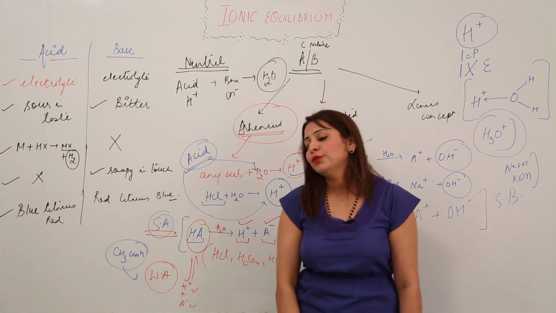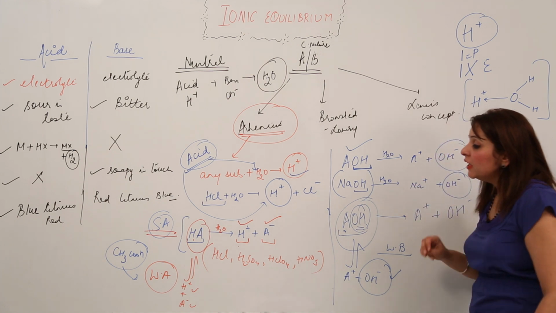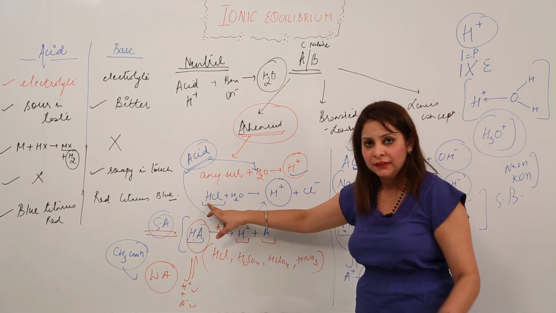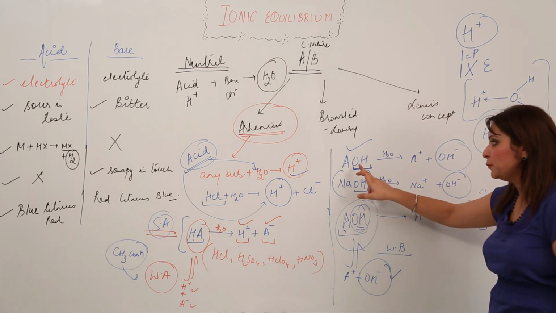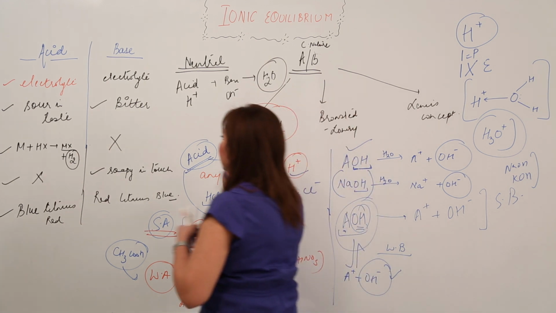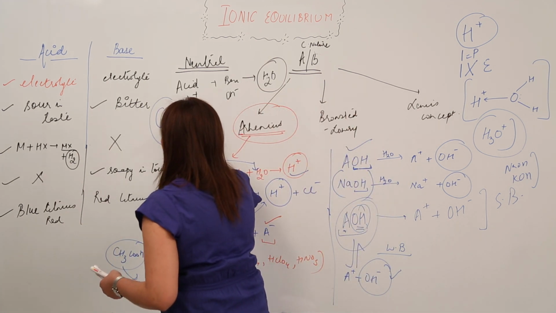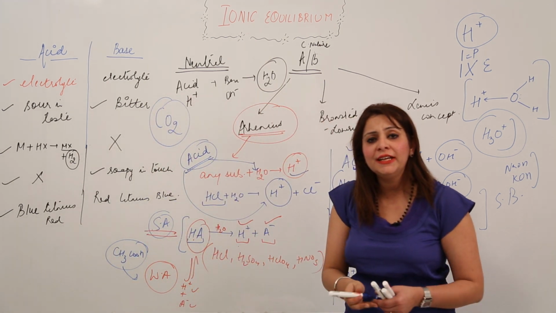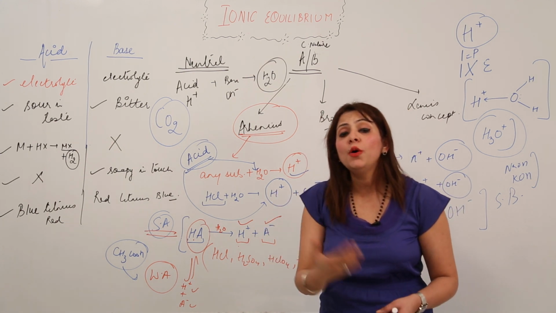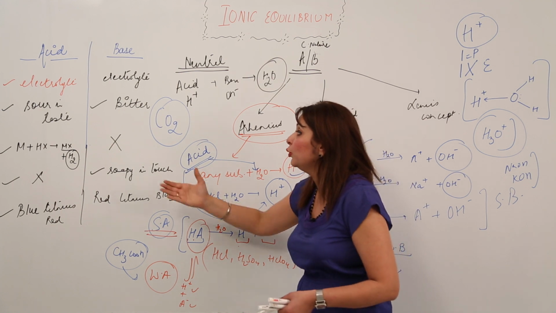The second limitation was that he said any substance to behave as an acid should contain the H ion, right? And any substance to behave as a base should contain the OH ion. But we know there are a few substances, like CO2. You have studied in previous classes that CO2 is acidic in nature. So how can we come to know that it is acidic?